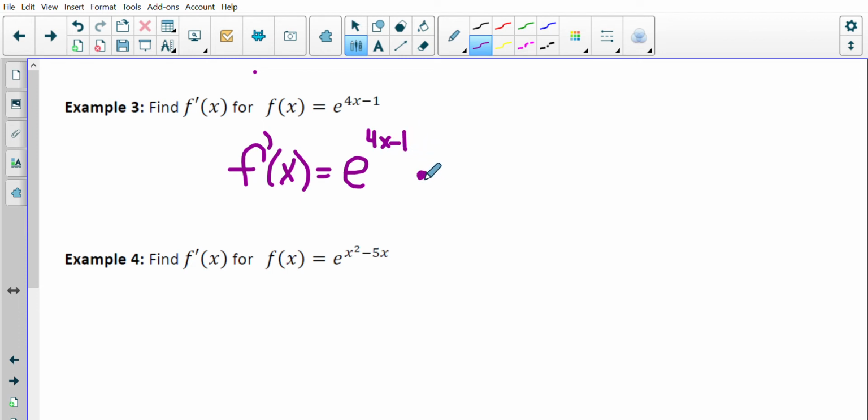But then you have to multiply, again using the chain rule, the derivative of the exponent itself. And this time it's just a 4. And so our final derivative would be 4 times e to the power of 4x minus 1.